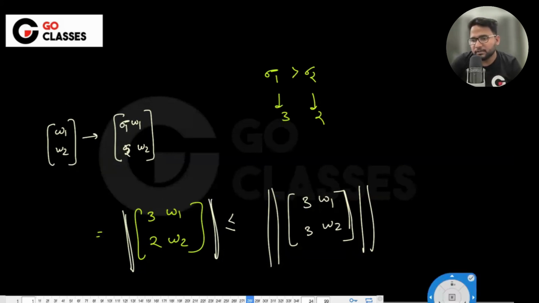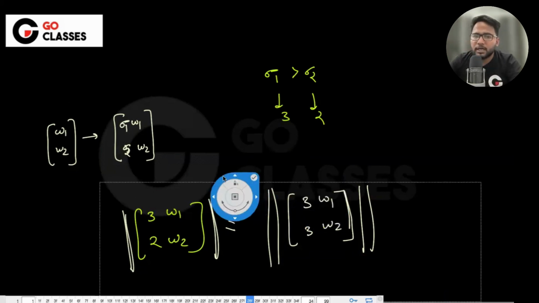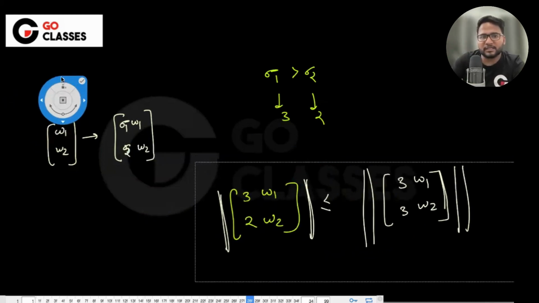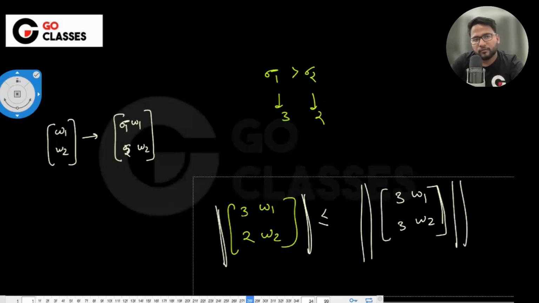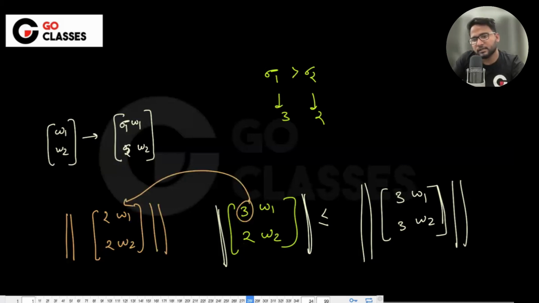And similarly, just for the sake of example, if you take everywhere lesser, which means if you take less instead of 3, then obviously the length will be lesser, right?